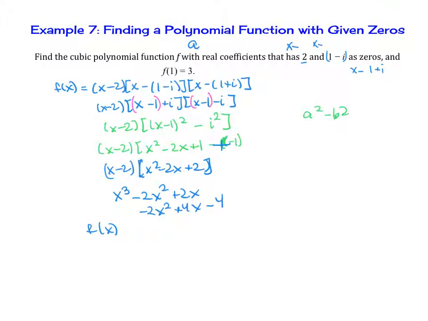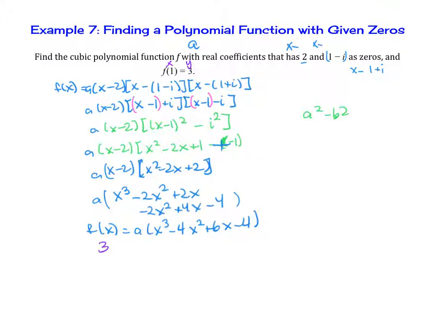So now our function, and I'm sorry, we are going to figure out our a value, so I should rewrite that with everything. So f of x equals a times x cubed minus 4x squared plus 6x minus 4. So now we need to go ahead and solve for a. So remember that f of 1, so the 1 represents our x, and the 3 represents our y value.